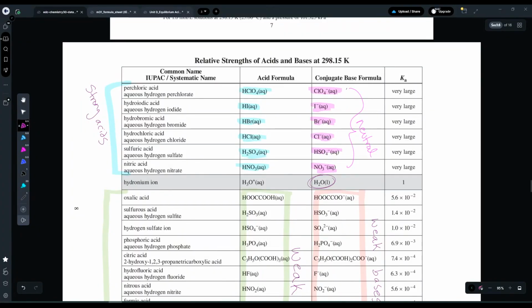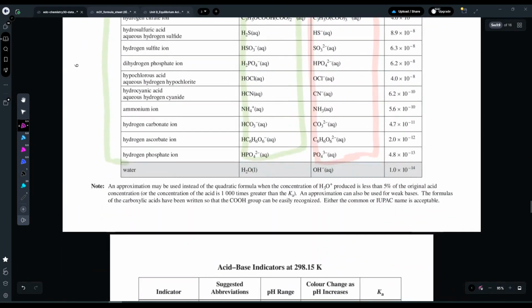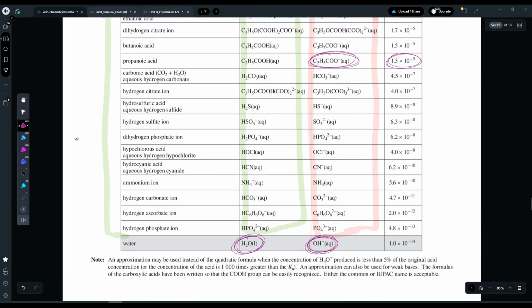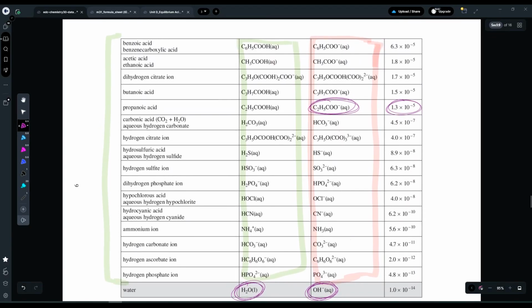Okay, so I know I had water in there, and water appears 2 places, and I know I had hydroxide, which is there, and then we had phosphoric acid, so I need to find that there.